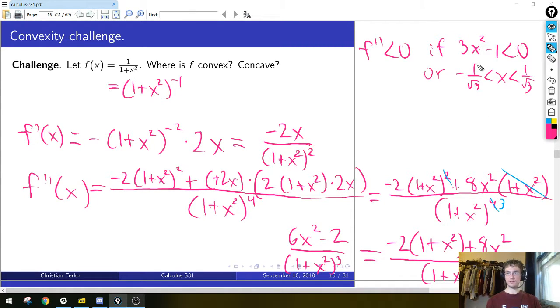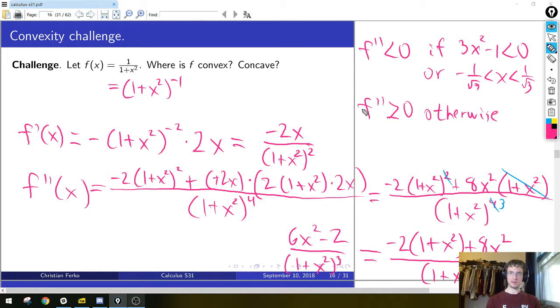If that's true, then this guy is negative, and I think it's positive otherwise, right? Well, I guess there's a couple points where, at those 2 points, it's exactly 0, but if you're outside that interval, if you're outside minus 1 over root 3 to 1 over root 3, then your square is certainly going to be bigger than a third, so 3 times something bigger than a third minus 1 is going to be positive.